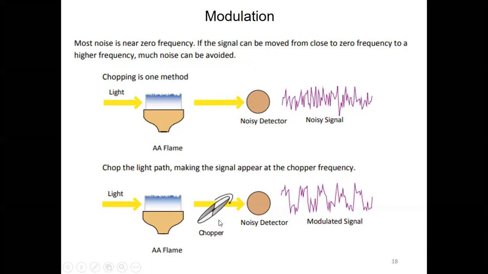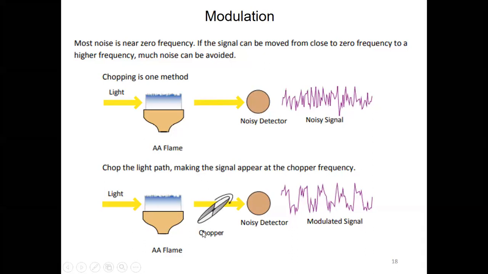Now when this chopper rotates, what is happening? Certain part of the light will go through the chopper, but certain part will be chopped. It will not go through the chopper.